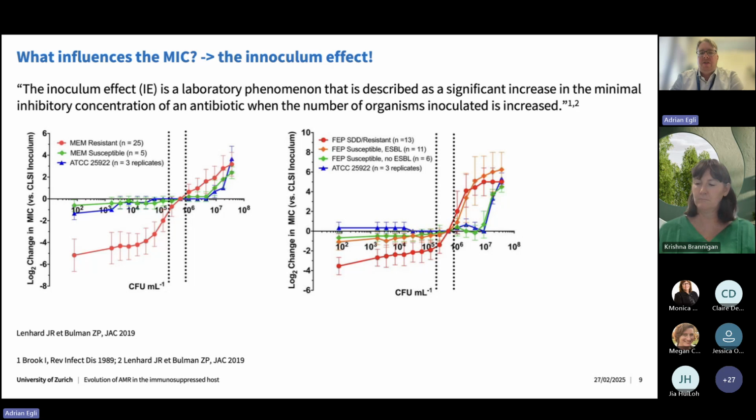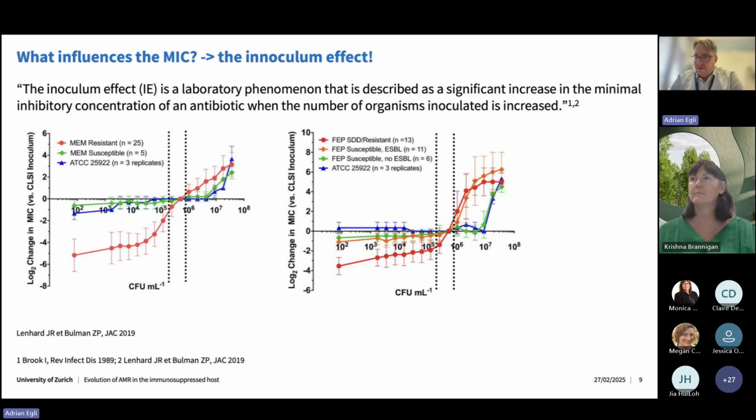And the inoculum effect is a laboratory phenomenon that is described as a significant increase in the minimal inhibitory concentration of an antibiotic when the number of organisms inoculated is increased.